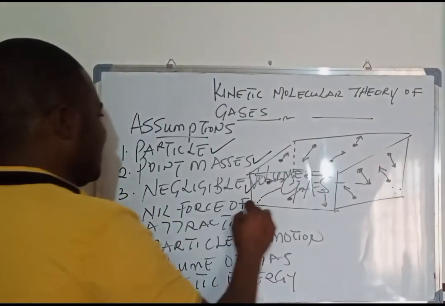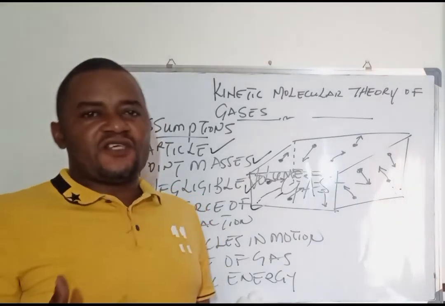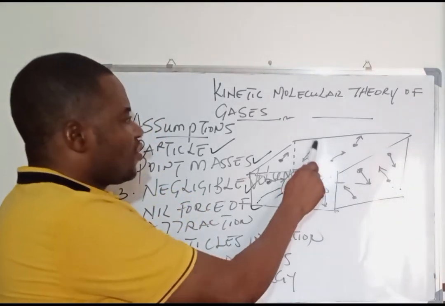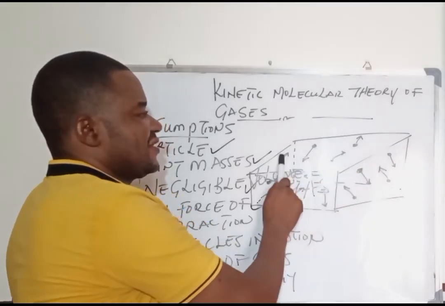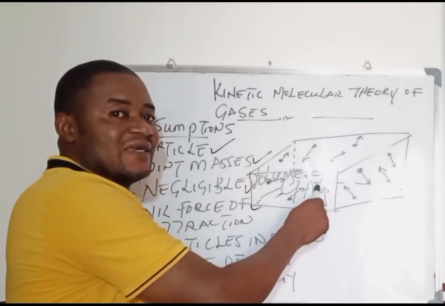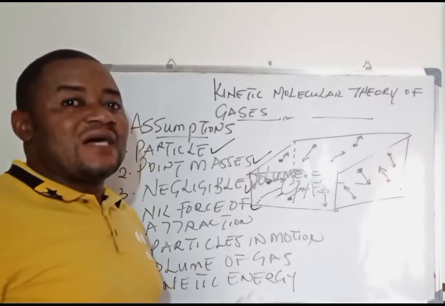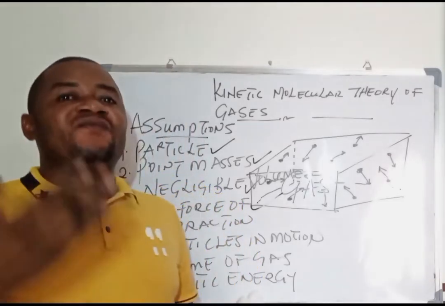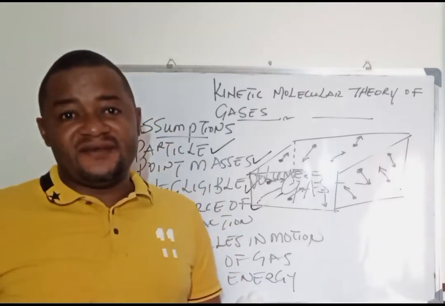Now another one is the nil force of attraction. The nil force of attraction simply means that because these particular particles of gases are far away from themselves due to the fact that they have negligible volume, they cannot possess any form of force of attraction or even repulsion among themselves.